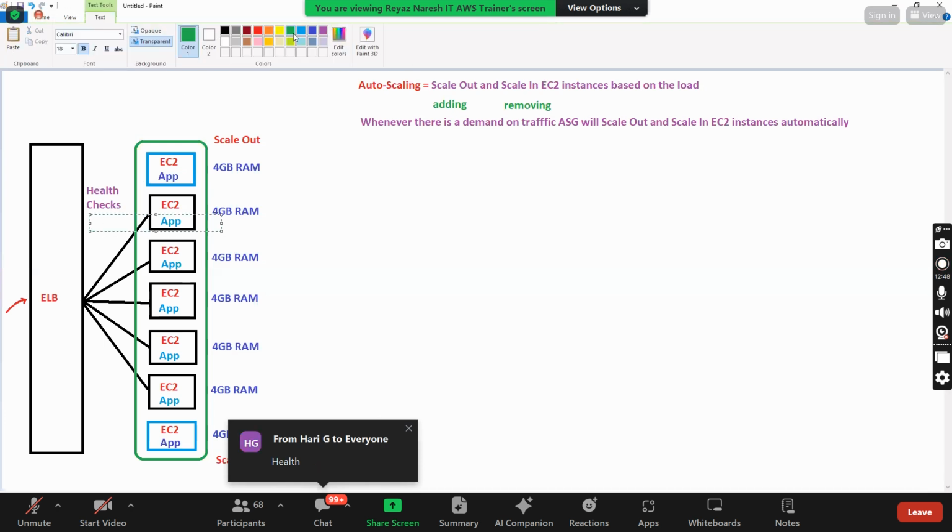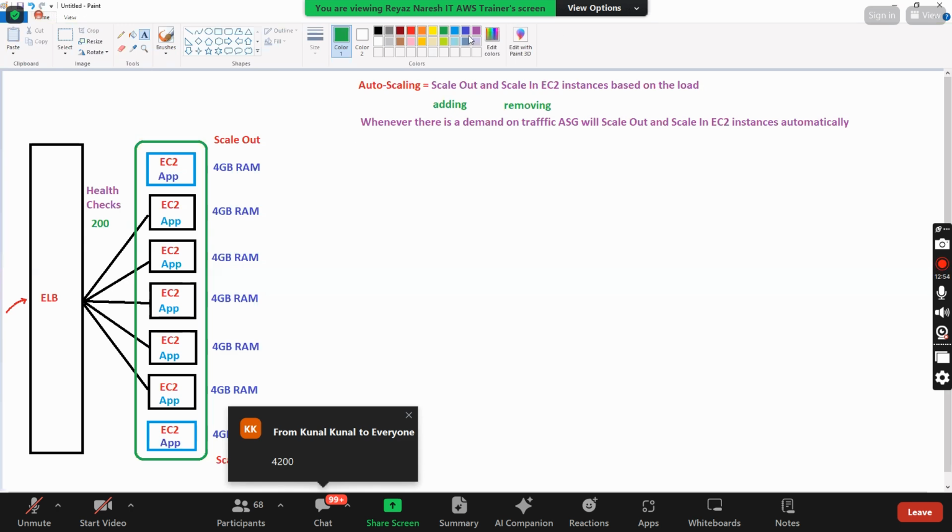What is the status code that you get? 200. Very good. So ELB does the health checks for the application. ELB does the health checks for the EC2 instance.